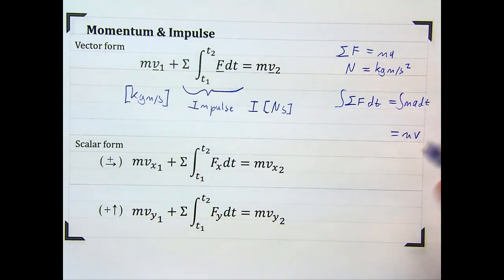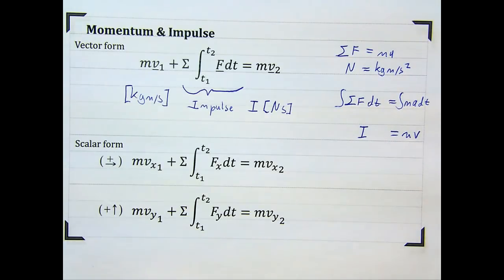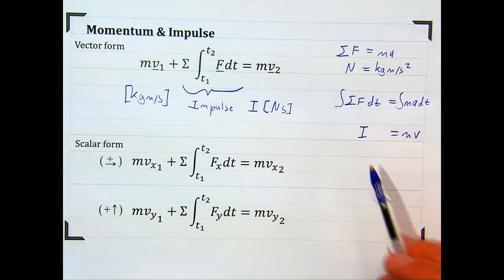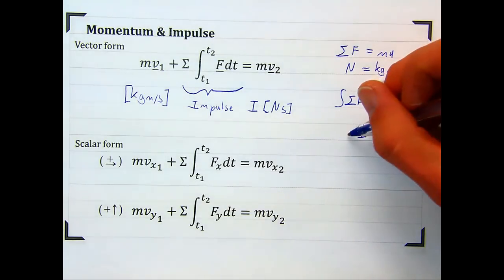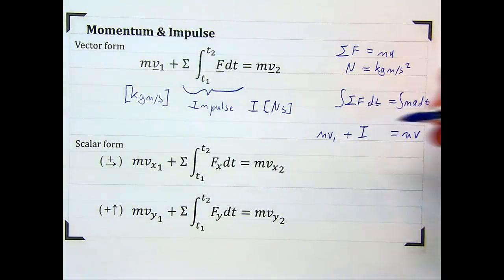And then this term on the left is the impulse. And now, when you integrate, you'd also have an integration constant. So that integration constant would then be the initial momentum plus the impulse is equal to the final momentum.